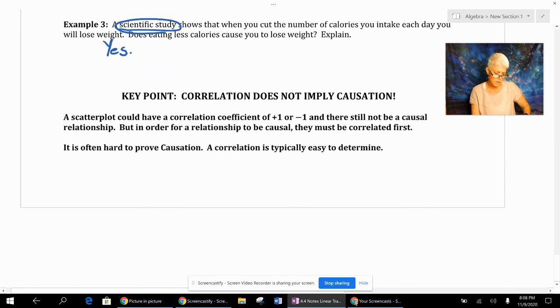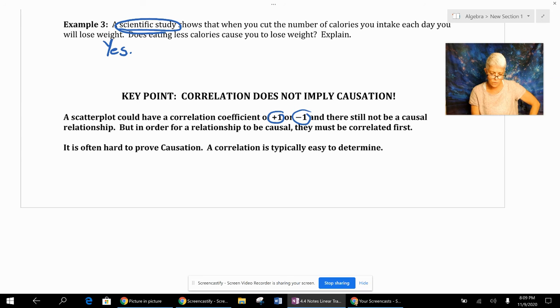So, some key points here. A scatter plot could have a correlation of +1 or -1, and it still could not be causal. It could be really close to it, but it doesn't definitely 100% say it's causing it. But listen carefully.